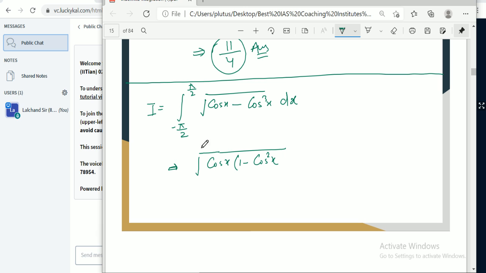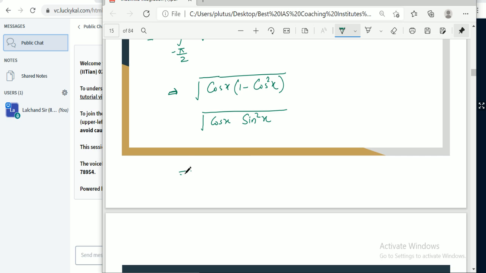Again if I simplify this, then I have under root cos x and 1 minus cos square is sin square x, isn't it? So if I take sin square x outside this square root, then I can write this as under root cos x and mod of sin x dx, and limit is minus pi by 2 to plus pi by 2. This is the change in result.